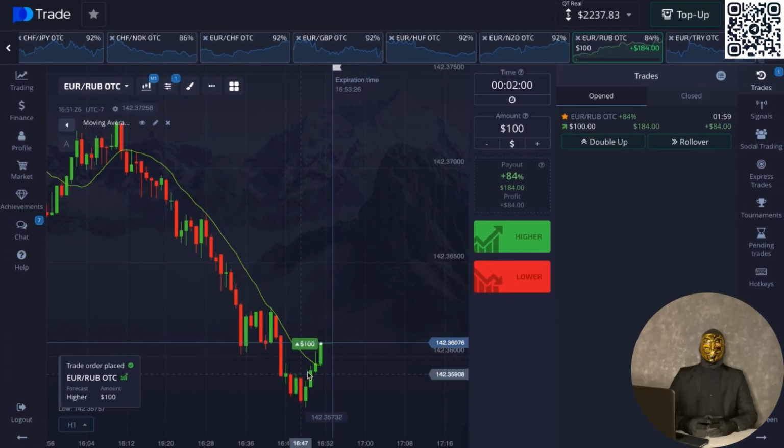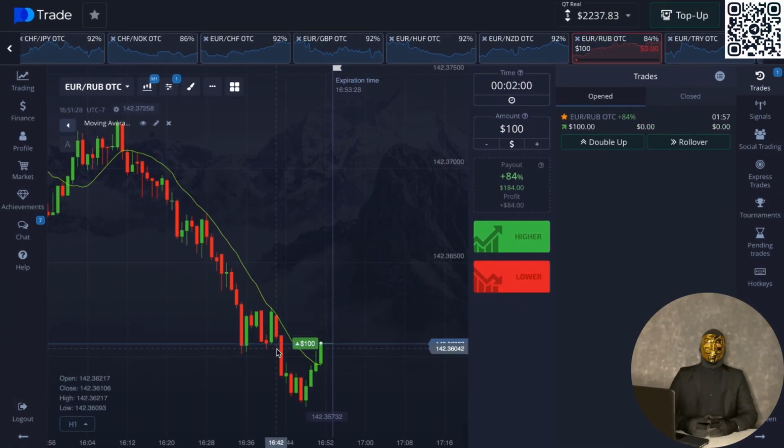So, in this example, I see an excellent opportunity to open a position for an increase. We are waiting for the completion of this transaction.